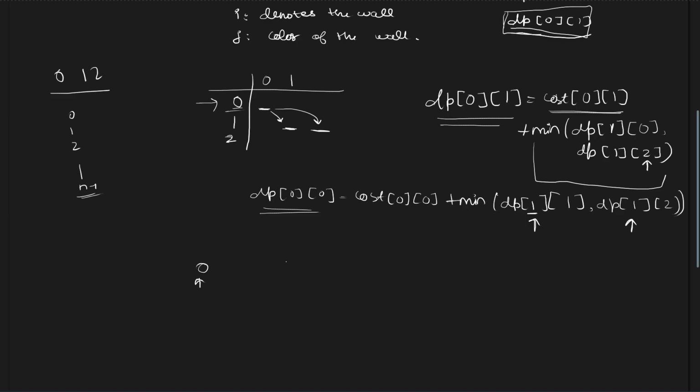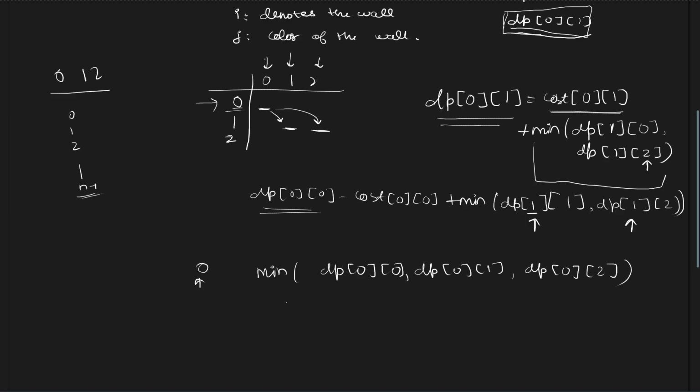But for the 0th index as well, I'll have to consider whether I color the wall at the 0th index with the color 0, with the color 1, or with the color 2, right? So my final answer would be the minimum of dp of 0 0, dp of 0 1, and dp of 0 2, right?